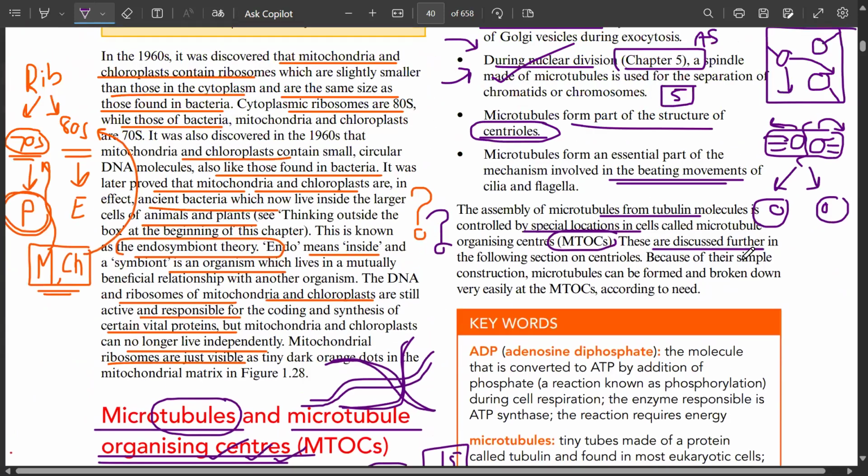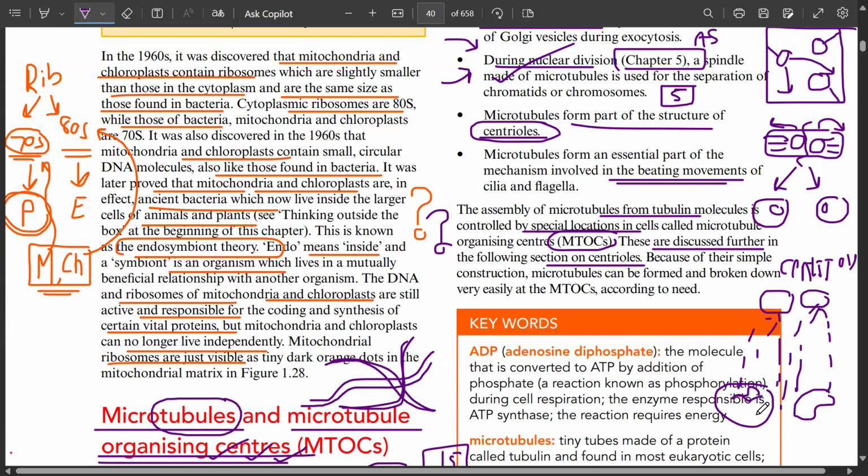They are discussed further in the following section on centrioles. Centrioles are the organelles from which these microtubules arise, and then they hold together these different organelles which are inside the cells. Got it?